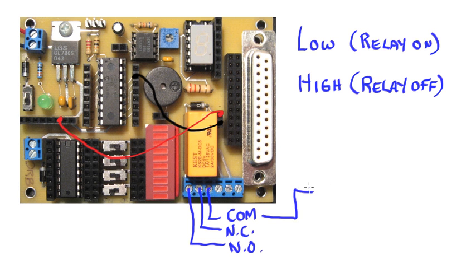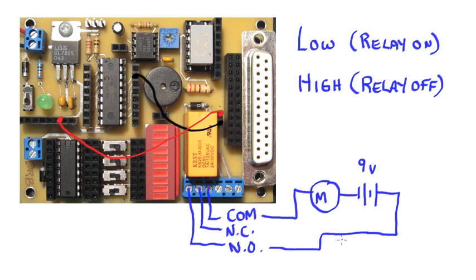That motor would be connected to the common, and we would have our voltage source. Let's say it's a battery. Let's say it's a 9-volt battery. The other end of this then needs to get connected to one of our contacts. Let's say that we connect it to the normally open.